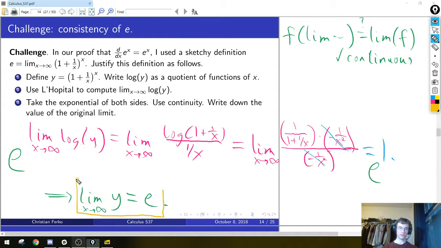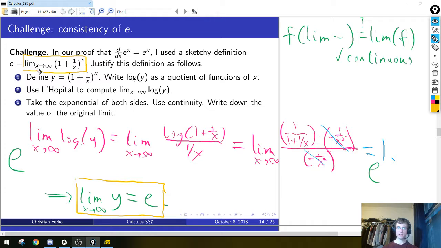Well, the limit as x goes to infinity of y is exactly the sketchy definition I wrote down way back when we were proving this derivative. So what has this proof done? This proof has shown that, one, this sketchy limit that I wrote down actually exists. The limit exists, and it's well defined.